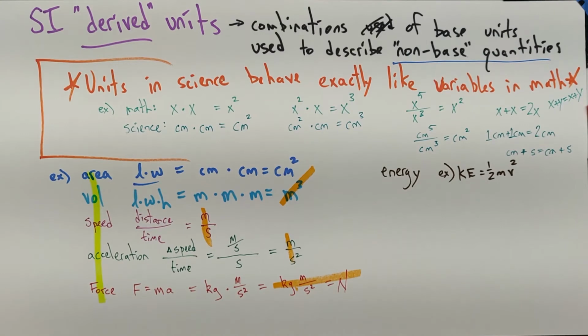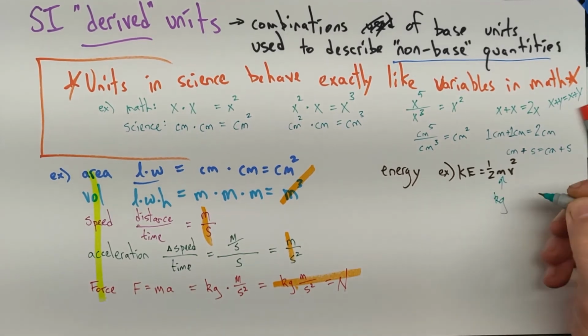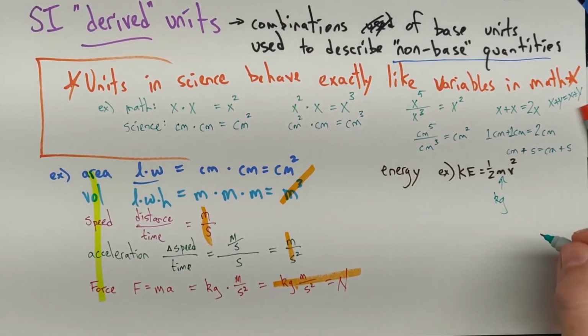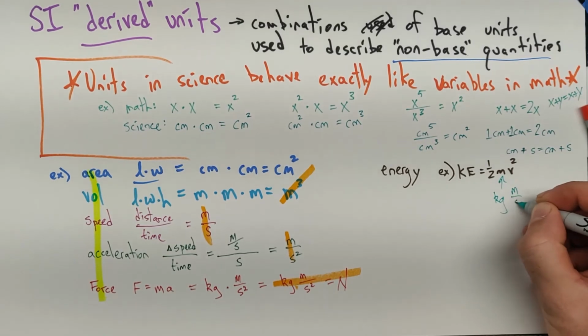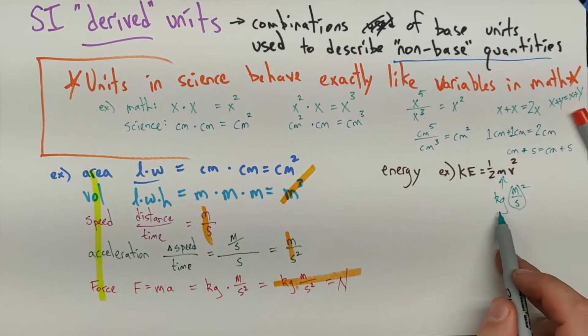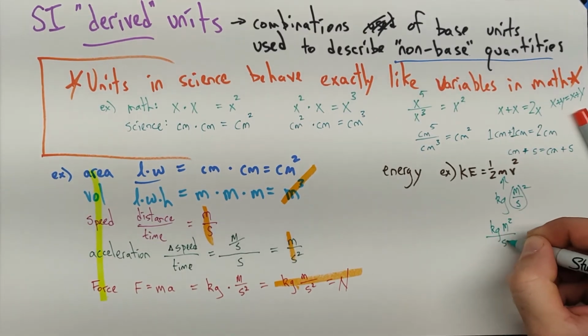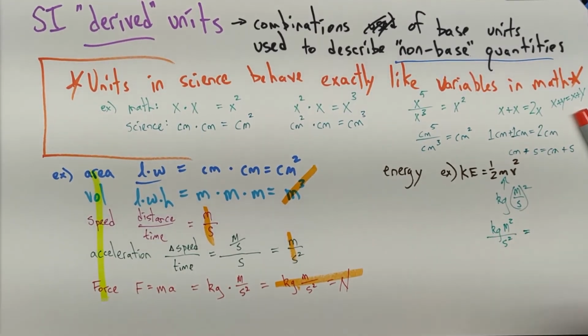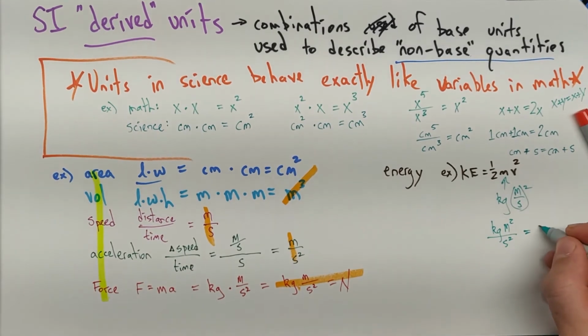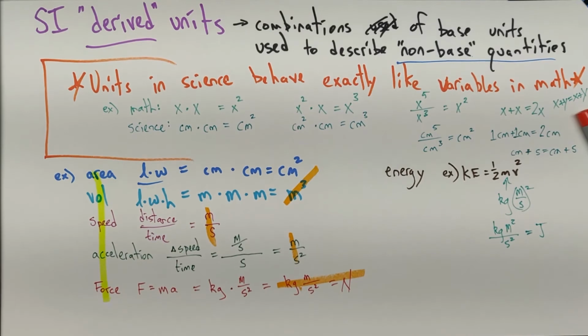M is mass. And we know what v is. V is velocity. So your mass is going to be in kilograms. The 1/2 is unitless. Your velocity is going to be in meters per second, but that velocity term is squared. So we have kilograms meters squared per second squared, which, for those of you who have looked ahead, you know is a joule, capital J. All right? So a joule is a kilogram meter squared per second squared.